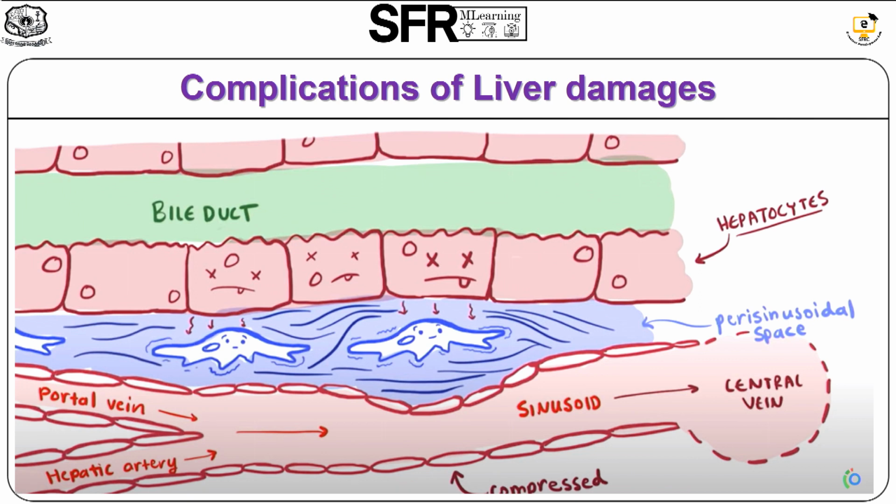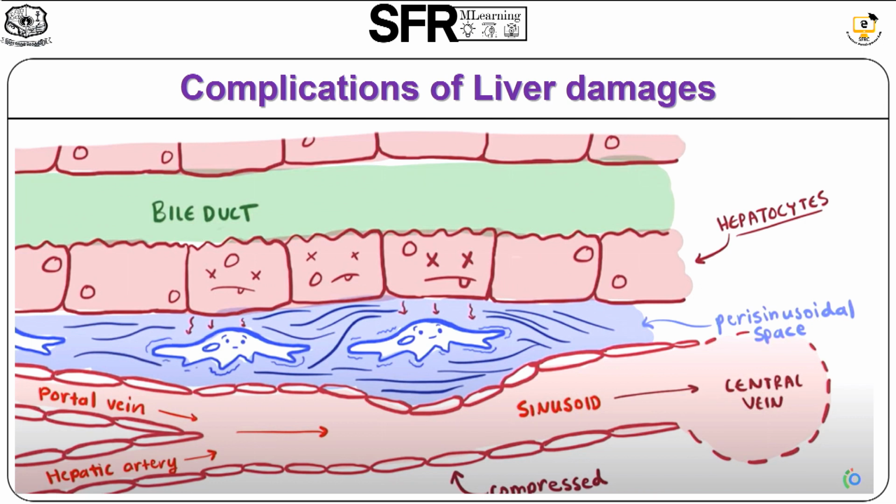Now the complications of liver damage. This is the bile duct. In the interior of the liver, the bile ducts and the hepatocytes are lined in between. The bile duct also passes through the liver cells, and the portal vein and hepatic artery go into the liver. When the fat cells get activated and the fibrosis condition happens, the fatty cells get enlarged, and the perisinusoidal space gets enlarged because of the fibrous tissue.